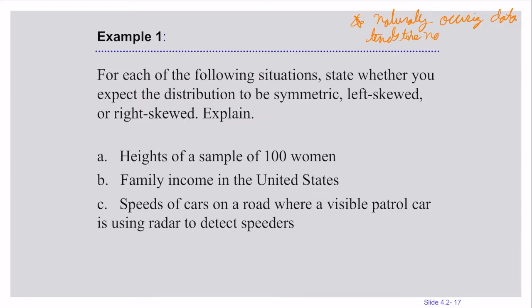So let's take a look at A. If I'm looking at the heights of a sample of 100 randomly sampled women, this would be symmetric, right? We'd expect that to fit a normal curve, but most people would be the average height of women, which is 5'4", 5'6", I can't remember.